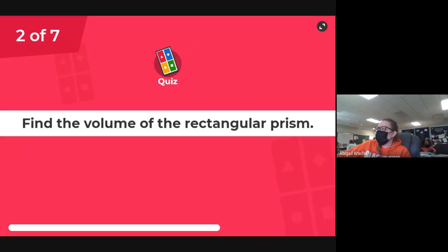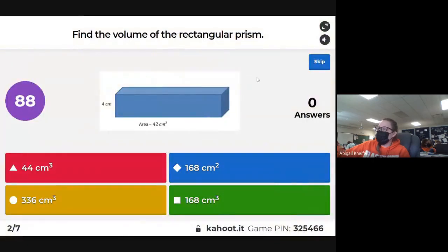Find the volume of the rectangular prism. This is what you guys did yesterday, I'm pretty sure.